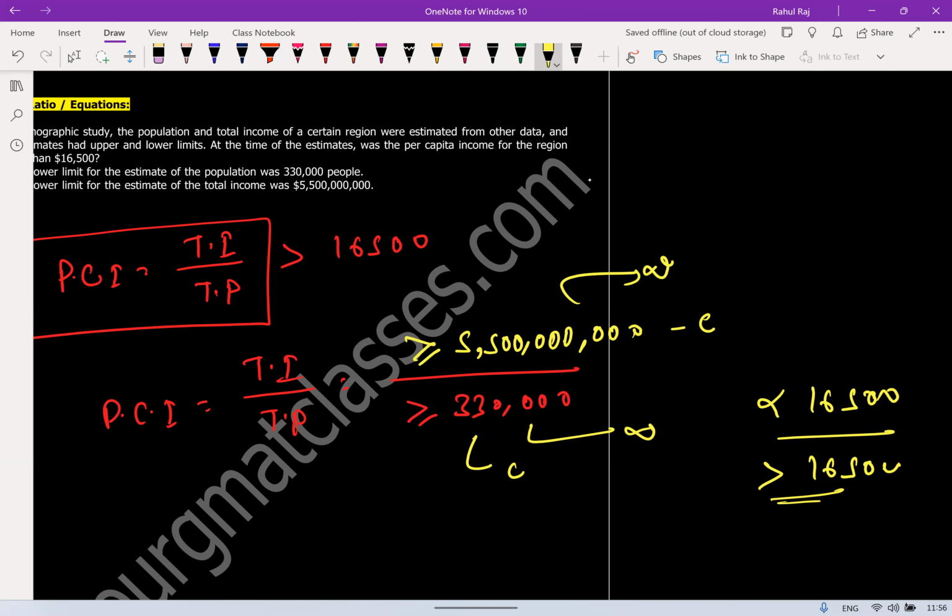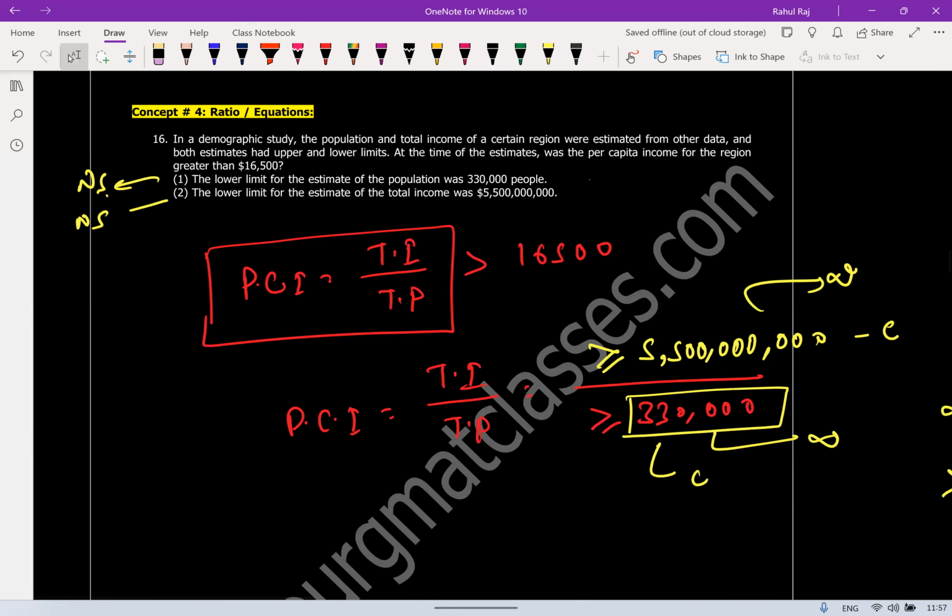Yes or no? But if we divide this, how will you divide? You don't know what number you have to divide with. You can't divide this at all, because you don't know what number you will have to divide with. Agreed? Because you only know the lower limit of the population and income. Apeksha, is this clear?